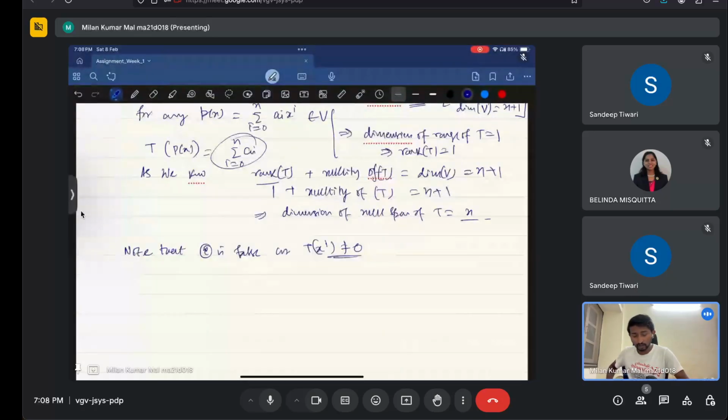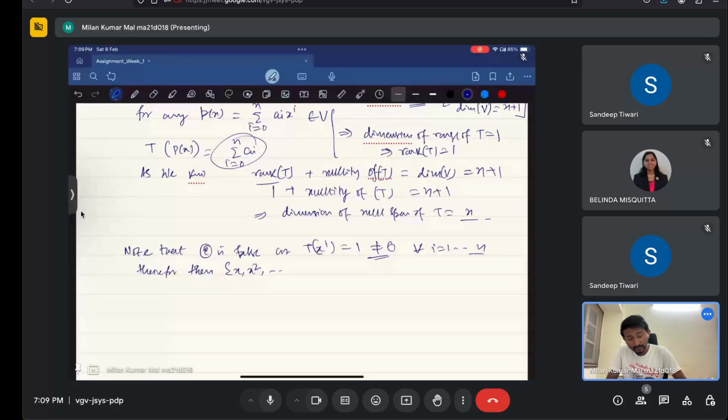That is not equal to 0 for all i equals 1 to n. So therefore these elements are not in the null space. The set x square to x to the power n is not in the null space.